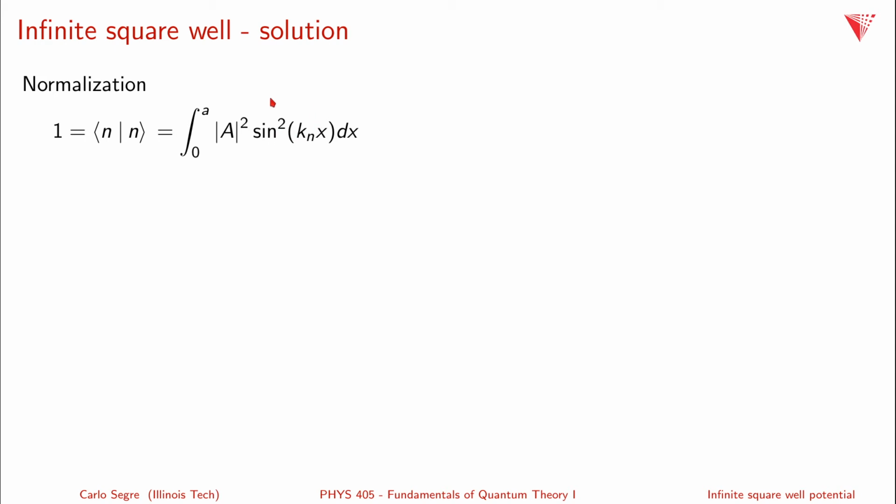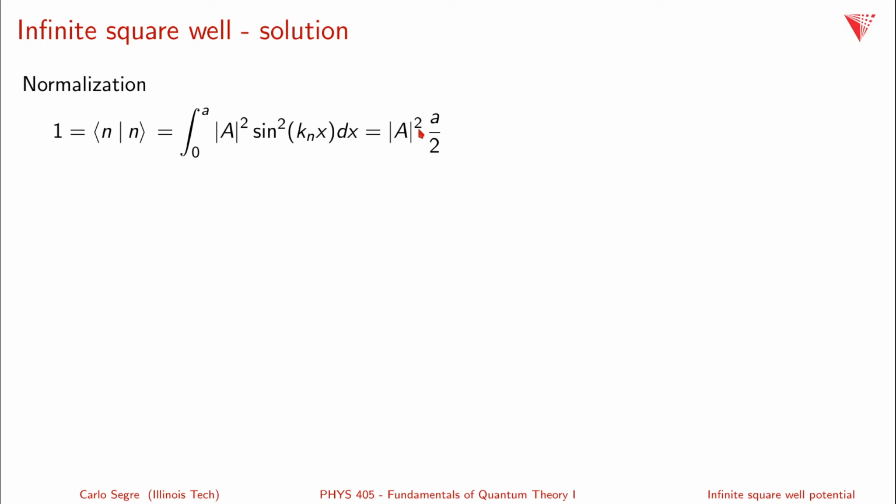So when we integrate sine squared, this is a constant that comes out. We know that for an integer number of half wavelengths, or half periods of the sine function, the integral of sine squared is 1/2 times the distance over which you integrate. And so this just becomes a over 2.